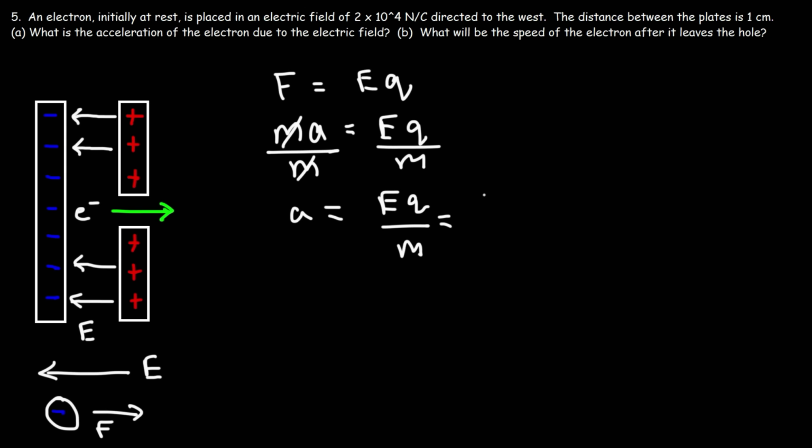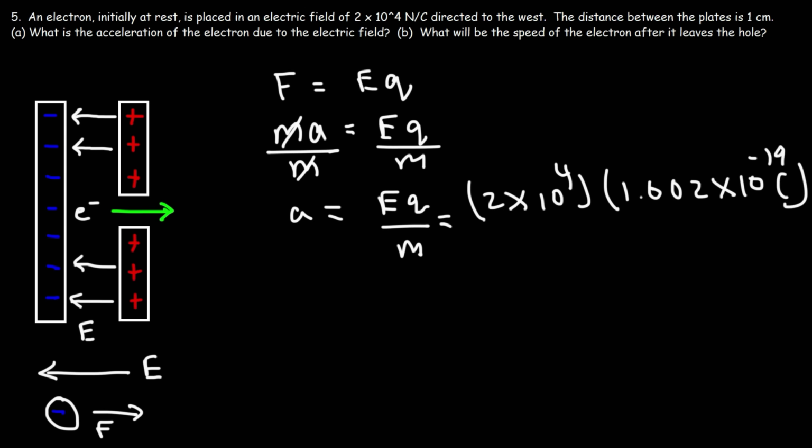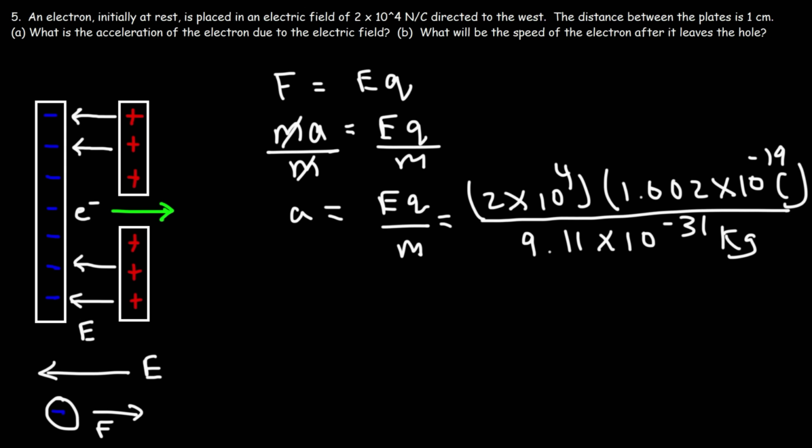So we have an electric field of 2 times 10 to the 4 newtons per coulomb, and the charge of an electron is 1.602 times 10 to the negative 19 coulombs. We're not going to worry about the negative sign. The mass of an electron is 9.11 times 10 to the negative 31 kilograms.